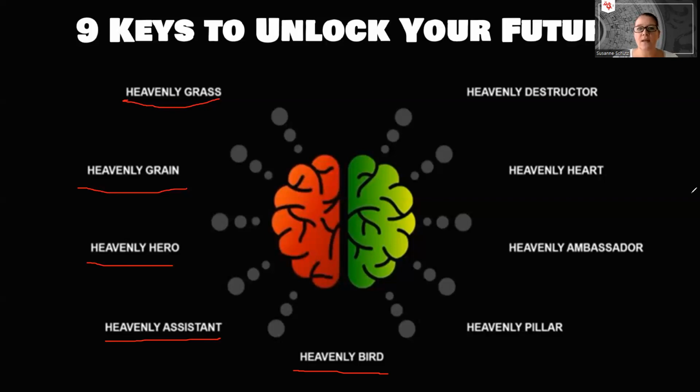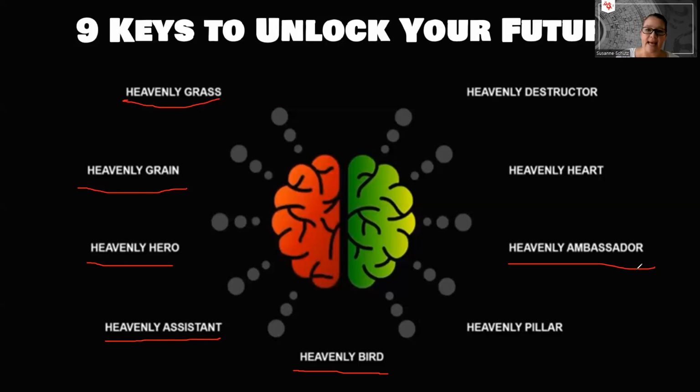Now, the next one would be the Heavenly Ambassador. Heavenly Ambassador people, they need to be in control. They love to manage things, whether that be at work or at home. They just like to be in control, and that doesn't mean that they are nasty about it. It doesn't necessarily mean that they're authoritative about it, but they love to be in a position where they can exercise their management skills.